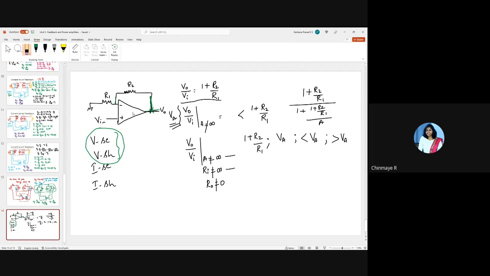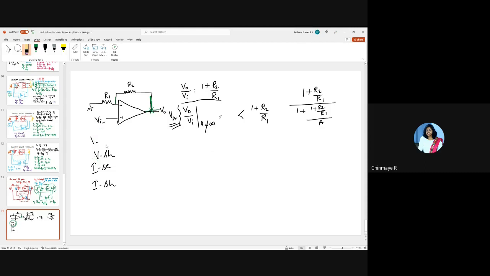Okay, since this is the first circuit, let's try to draw a block diagram so that it's easy for us to identify what kind of feedback it is. Let me try to put this circuit a little differently. So here is an op-amp, right?